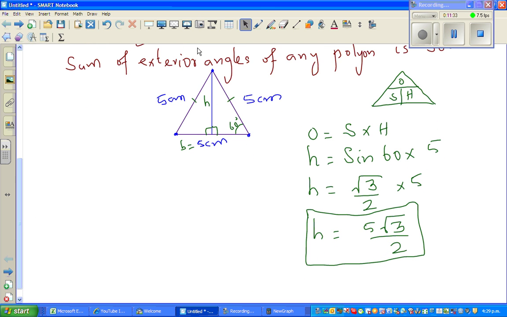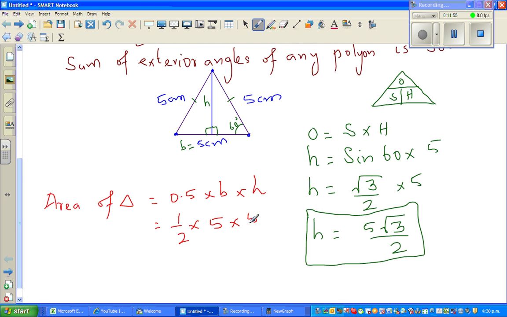So the area of the triangle is half times base times height, which is half times 5 times 5 root 3 over 2.